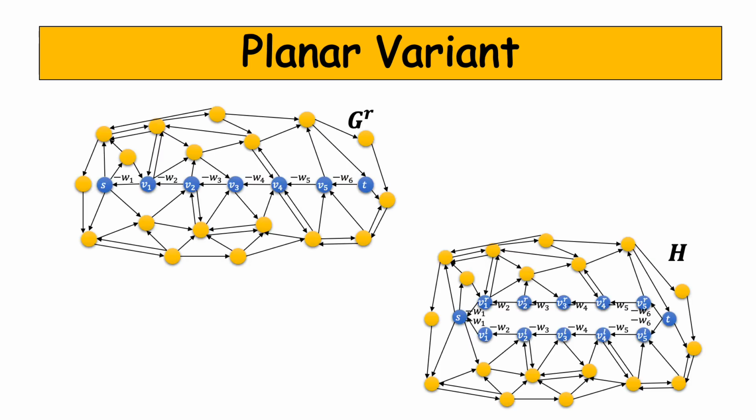So let's define a new graph. Given the graph GR, we define a new graph H where we split every internal node in the path PR into two new nodes. So a node vi is replaced with two nodes, viR and viL, R for right and L for left. So basically H is identical to GR except for this replacement.